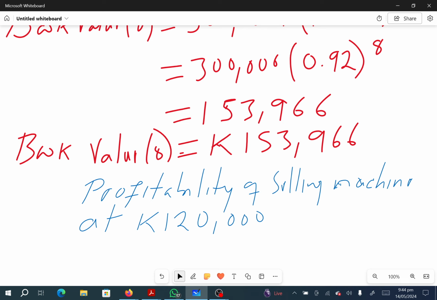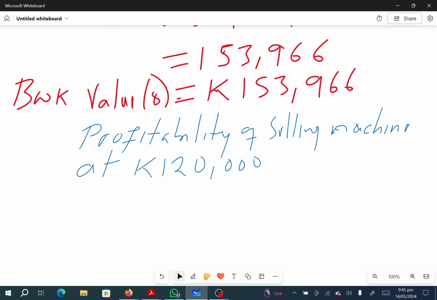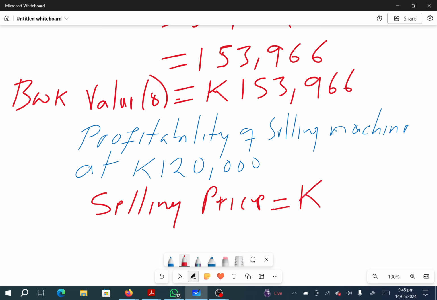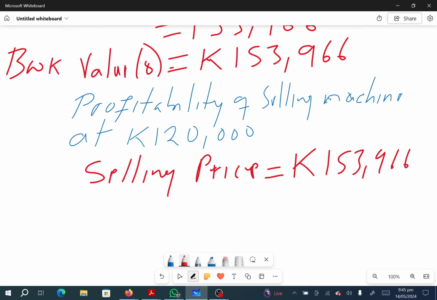The book value at 8 years was 153,966. Then we compare with the selling price of 120.